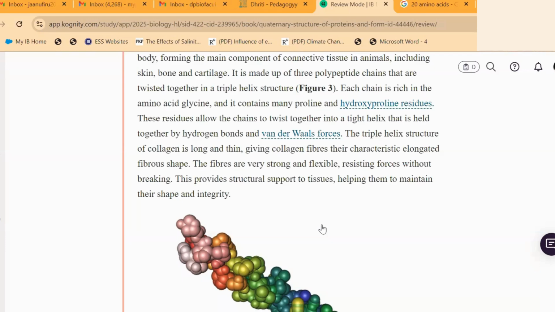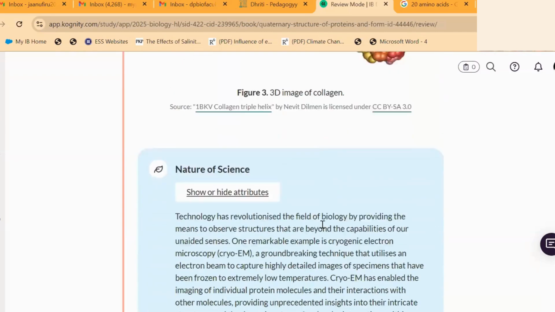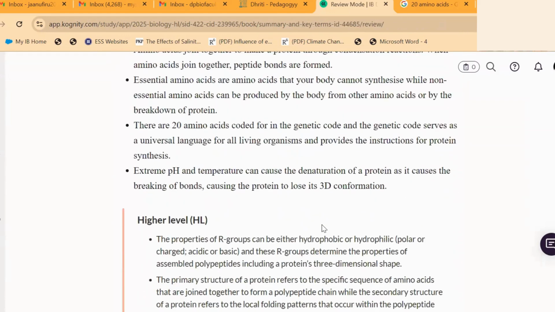No, wait, let me think. Okay, it could be tertiary if there are different types of bonds in between. But it could also be quaternary because each alpha helix makes a globular protein, and then this could be a big thing of globular proteins, because hemoglobin is a quaternary structure. Okay, so I was right. Yeah, you are right. So there comes the end of protein.